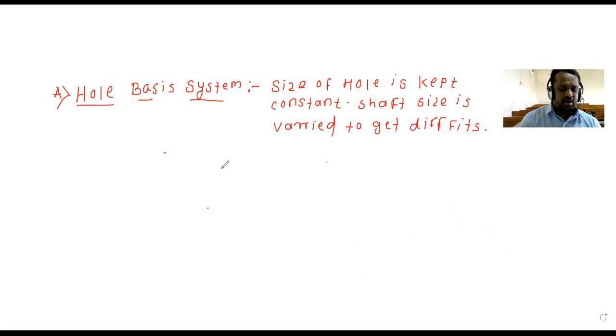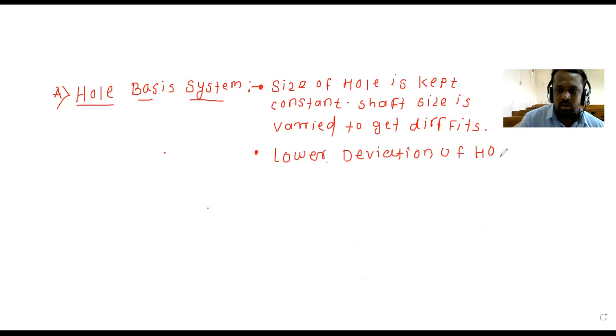Point number 1 we can call the one above, and this is point number 2. In the hole basis system, the lower deviation of the hole should be 0.